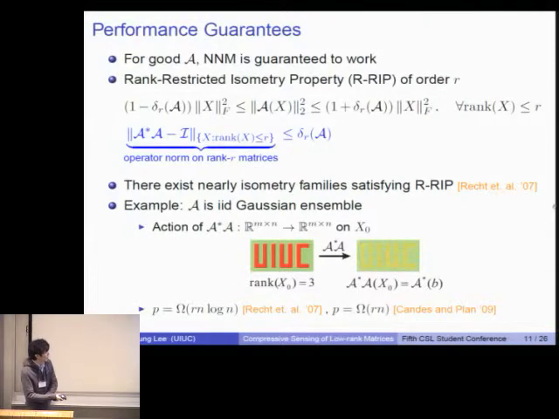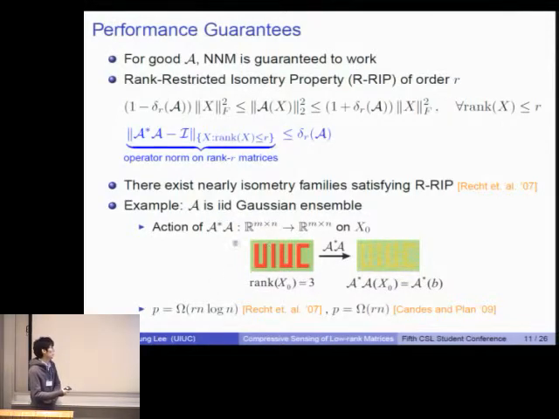They have shown that there exist many linear operators satisfying this property. One example is, as I told you, the prototype example, the IID Gaussian ensemble. So let's see how the operator A star A acts on a low rank matrix. Here, X0 is the full letter image, UIUC, and its rank is just 3.